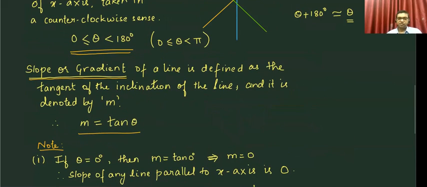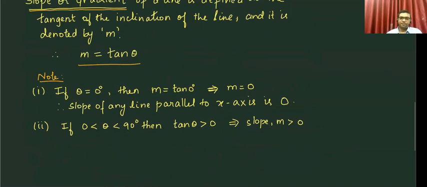Next, if theta, gradually I'm increasing from 0, then I went into an acute angle, and if theta is 90 degrees, then what happens? Tan theta is not defined.